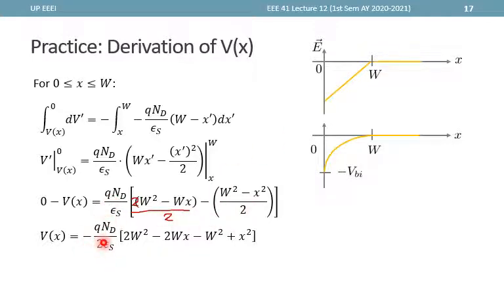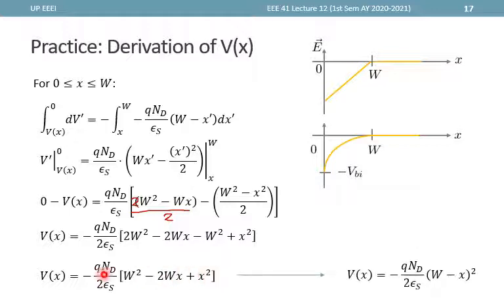So we get this 2 here, end up with 2W squared minus 2Wx minus W squared plus x squared. So here we have 2W squared minus W squared. We end with W squared minus 2Wx plus x squared, and factoring out, we copy this constant, minus qN_D over 2 epsilon_s, equal to (W minus x) squared. And this is the equation presented in the previous slide.